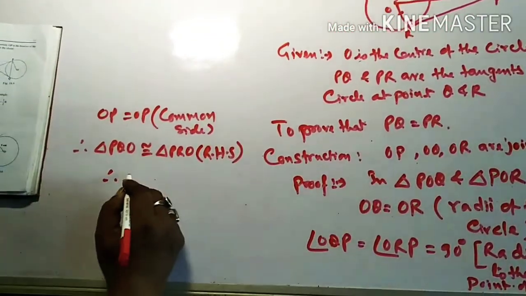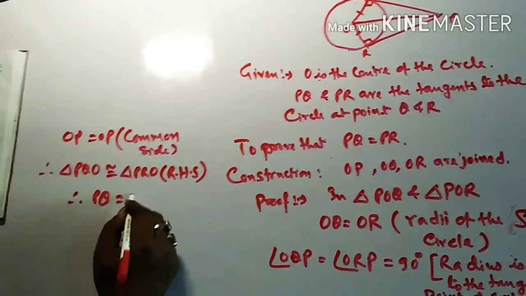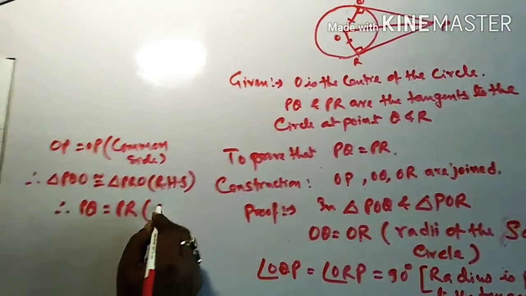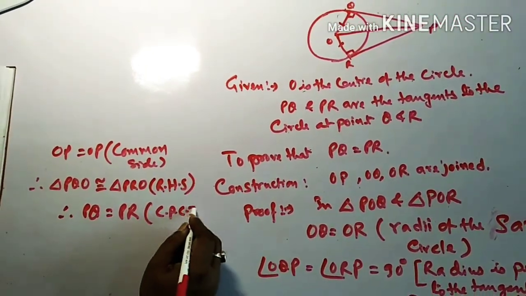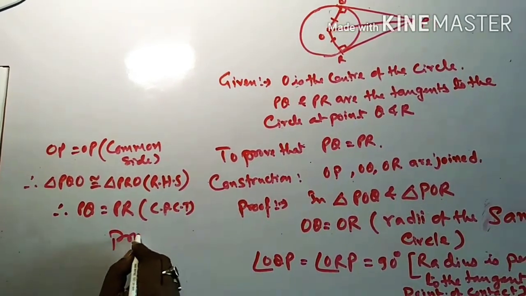So therefore PQ is equal to PR, CPCT. This is the proof.